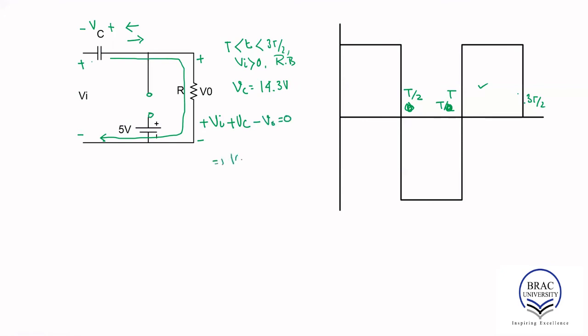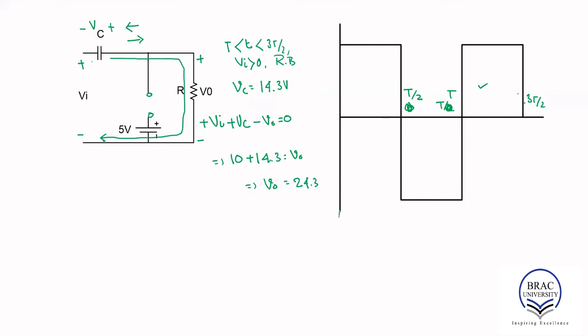Vi is equal to 10, plus 14.3 is equal to V naught. V naught is equal to 24.3.